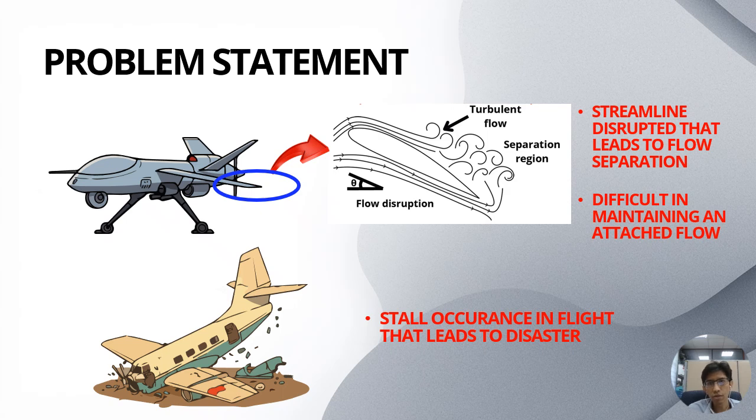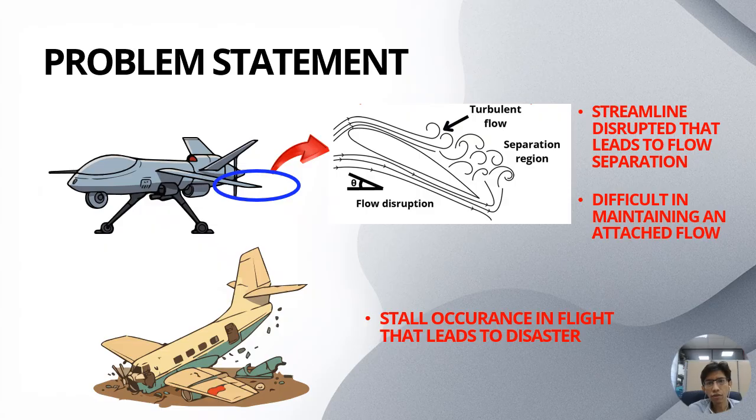So what is a flow separation region? It is where the flow starts to detach from the surface, and once it starts to detach, the turbulence occurs immediately. If the flow separation occurs, the streamlines are disrupted, and it's quite difficult to maintain an attached flow again.